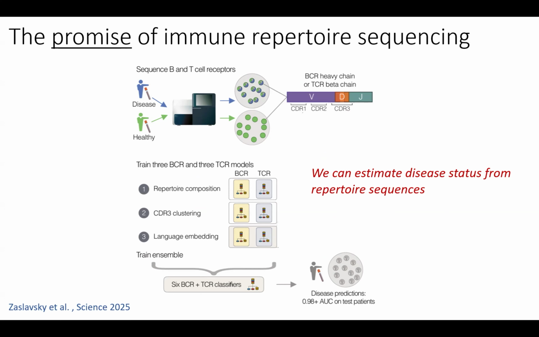And what they were showing was surprisingly strong performance in being able to predict the disease status of an individual by just the repertoire. And so essentially the insight is that there are signatures here which could tell you. It's a black box signature right now, but there are signatures here which you could get. That is the promise.